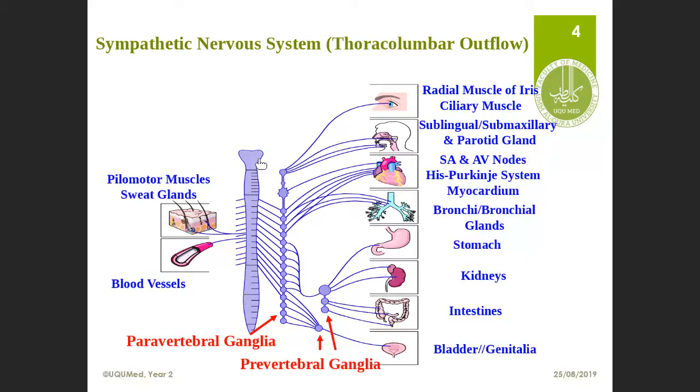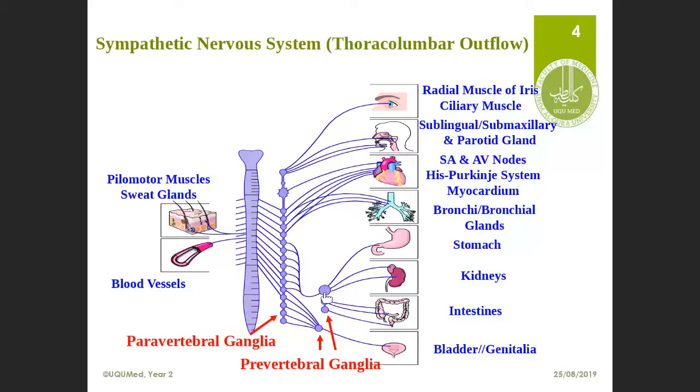And in the sympathetic nervous system, there are two types of ganglia: the paravertebral ganglia and the prevertebral ganglia. The paravertebral ganglia are much closer to the spinal cord, from where we have the thoracolumbar outflow of the nerves. Then we have the prevertebral ganglia, which are near the effector organ.